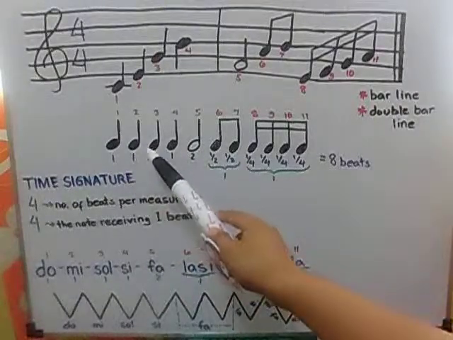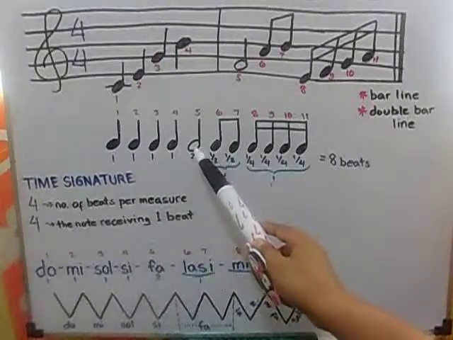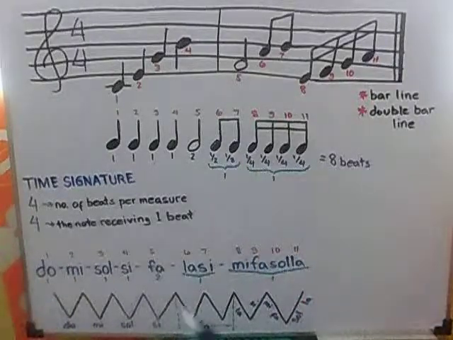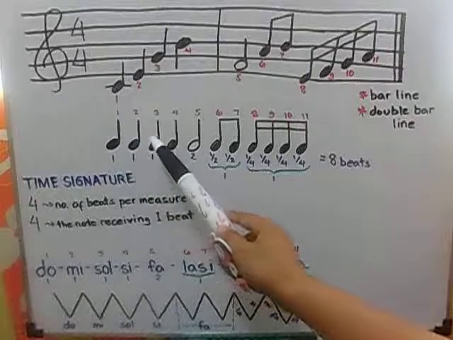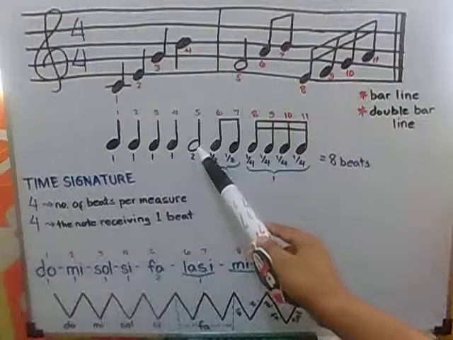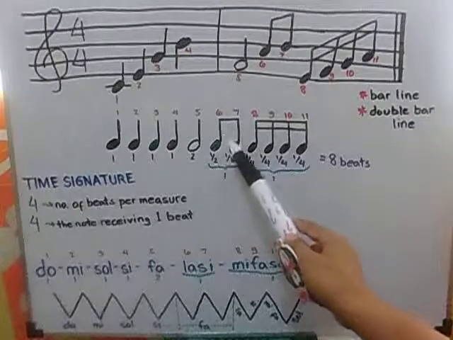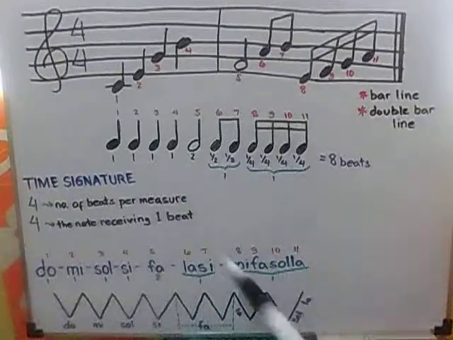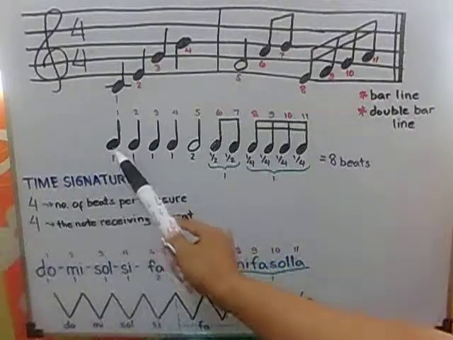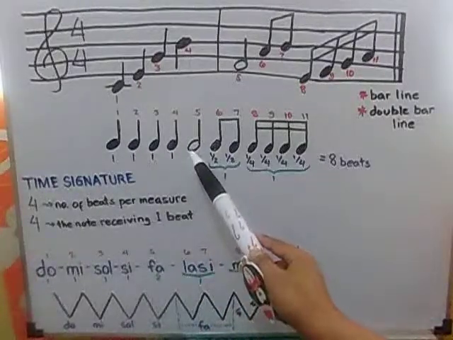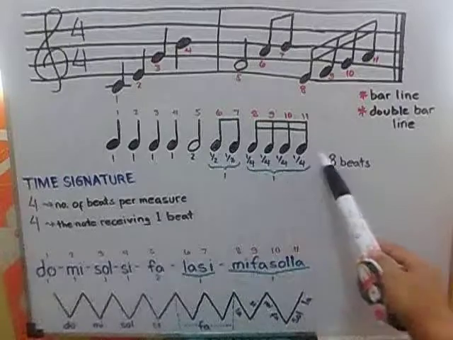Ta, ta, ta, ta, ta, ra, ti, di, tiri, tiri. Again, ta, ta, ta, ta, tara, tidi, tiri, tiri. I'm sorry for that. Last: ta, ta, ta, ta, tara, tidi, tiri, tiri.